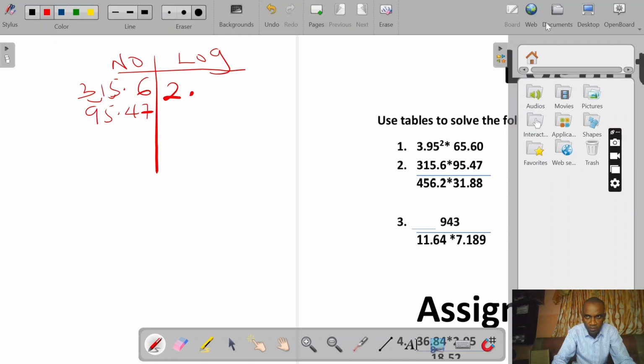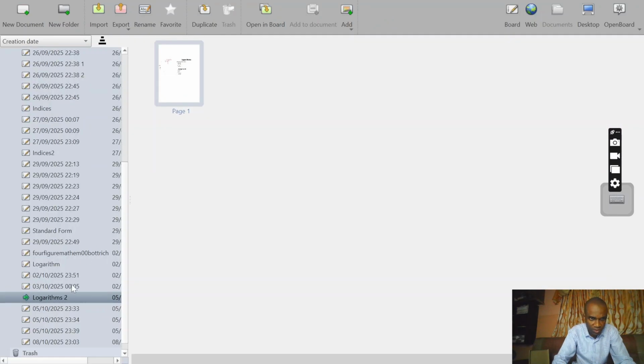So we open our 4-figure table. 31 under 5 difference 6.